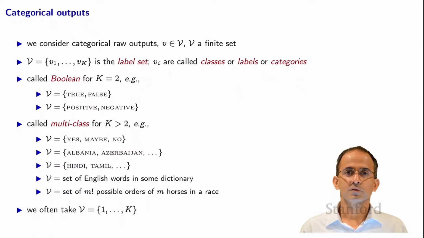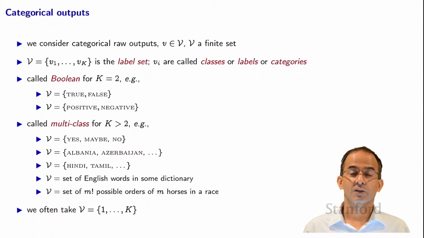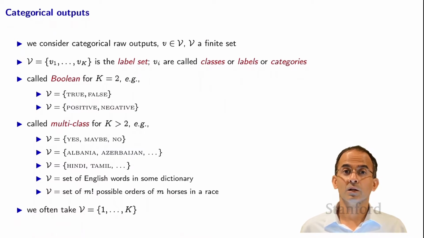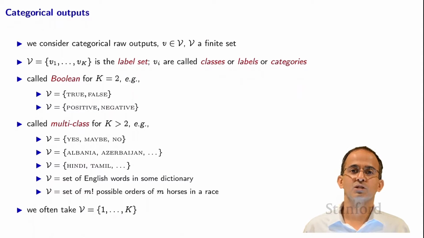Now these problems of classification are treated in a very similar way to regression, in that we will have a performance metric, have a loss function, do empirical risk minimization with regularizers. But then there are also specific attributes of classification problems which distinguish them from regression problems.